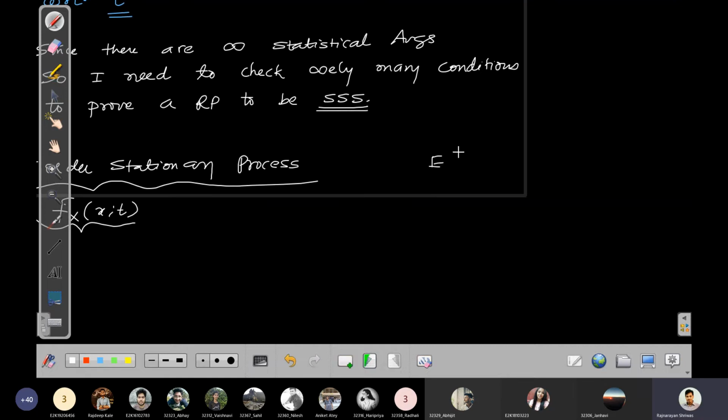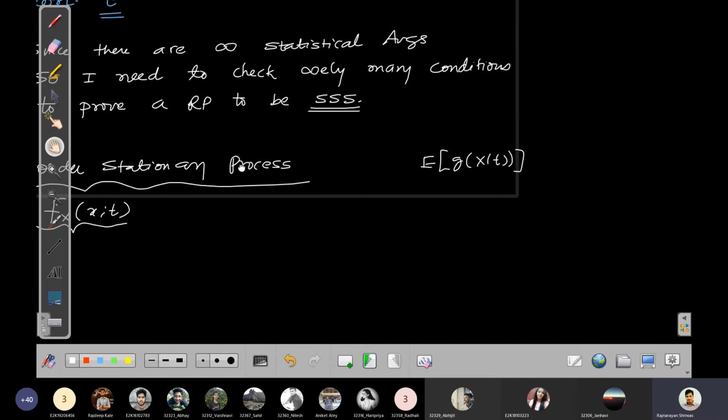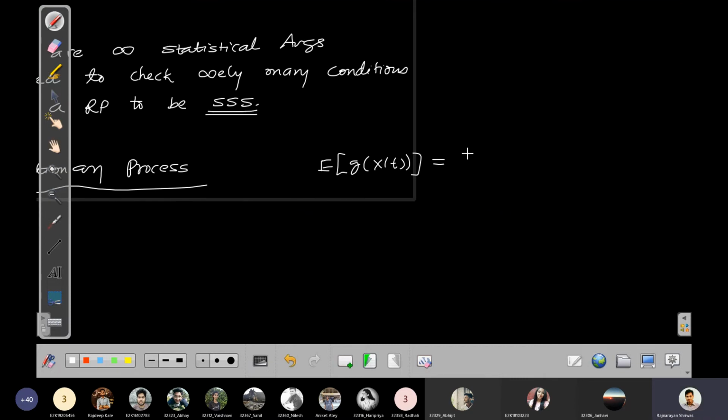What were the statistical properties of g of one random variable? I've written everything in the previous slide. It is the integral from minus infinity to plus infinity of g(x) f_X(x, t) dx. So on the basis of the first order PDF, I can define any number of functions, an infinite number of functions.